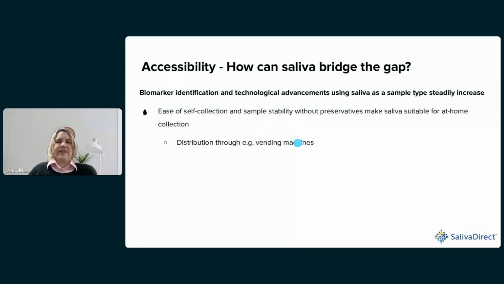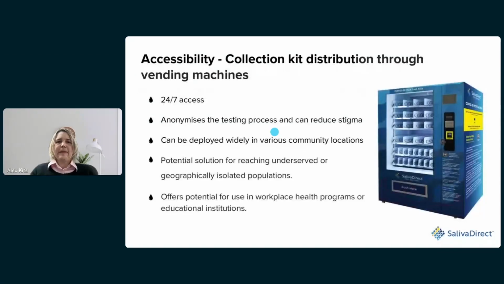So one avenue that we and others have been exploring is the distribution of collection kits through vending machines. The advantage of these vending machines, and an example is on the right-hand side here, are that they are accessible 24/7. They anonymize the testing process, which can reduce stigma, which is not a big thing for respiratory testing, but for sexually transmitted disease testing, it might be advantageous.